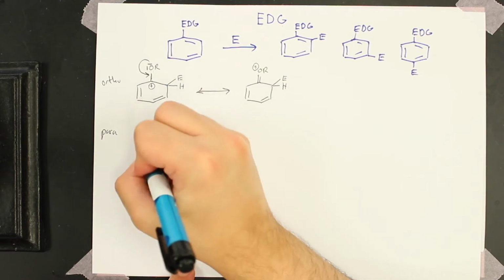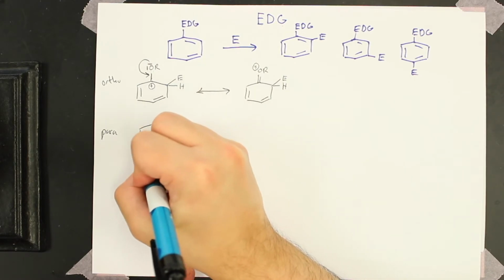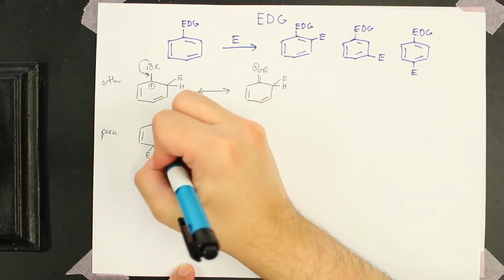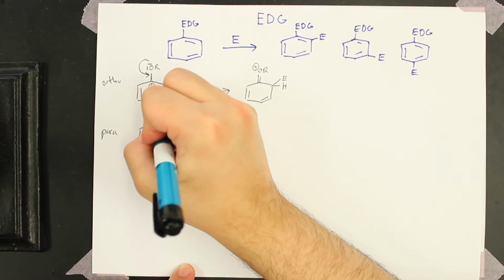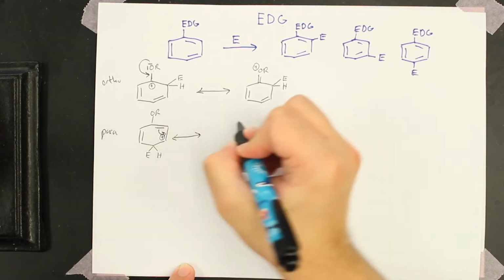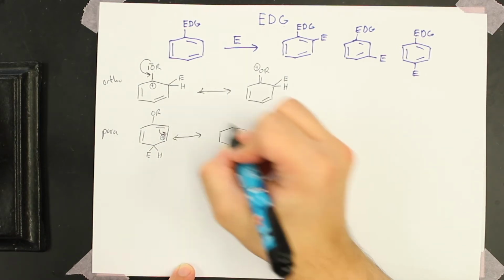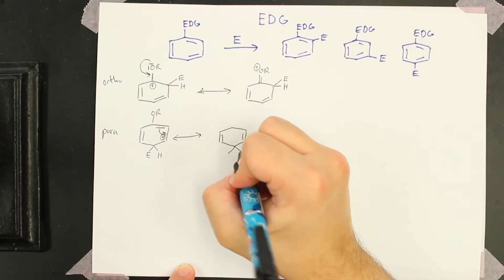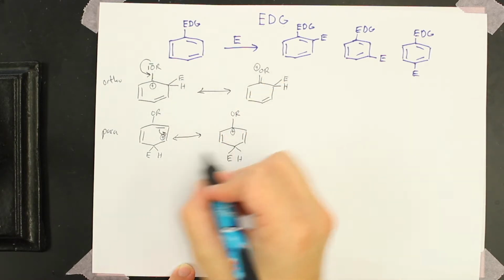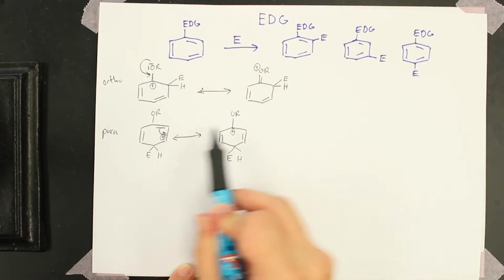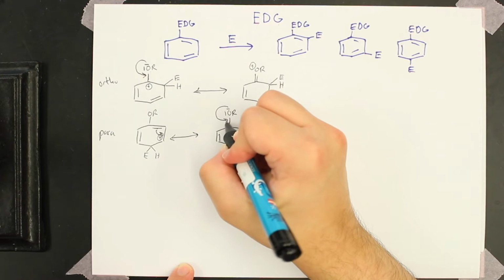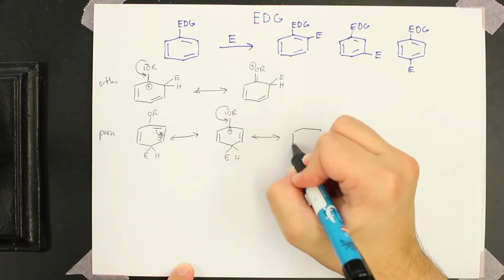If we look at the para-substitution, we'll find that it's very similar. Here we have another sigma intermediate, but now the electrophile is added to the para position, and our carbocation is here. It may not seem initially that we have a resonance structure that might work, but if we push electrons around, we can slowly move the positive charge towards the oxygen, which is our goal. With this resonance structure, we move this pi bond here, and now our pi bond is right next to the oxygen, in which case it can stabilize the intermediate.